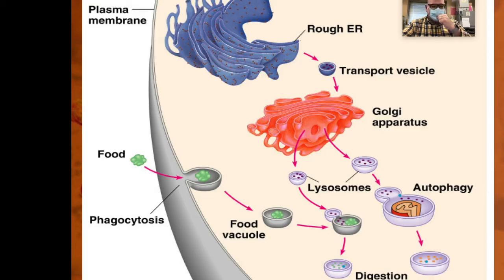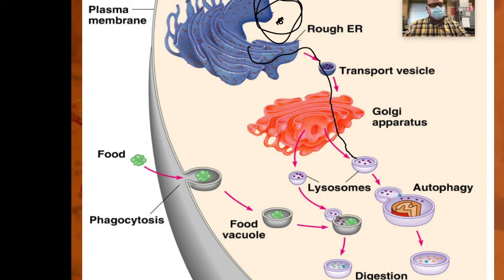All right, here's a close-up, kind of zoomed in. The nucleus would be here. You've got vesicles, you've got the Golgi, and it can make lysosomes. Now pay attention to which way things are going. There's some terminology here.